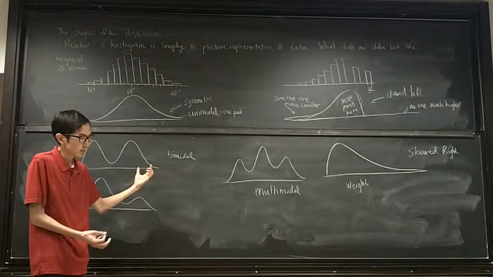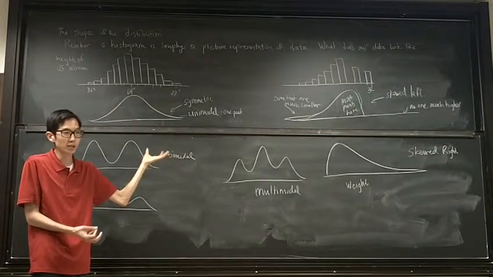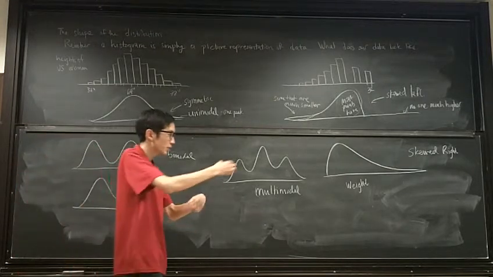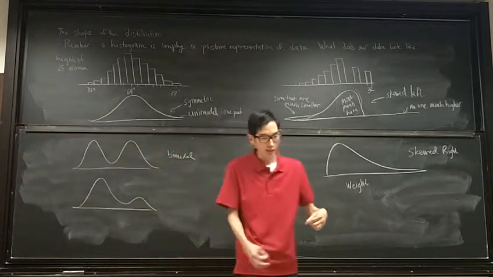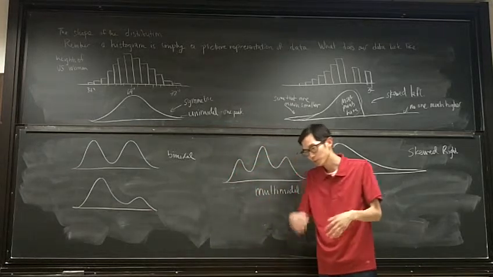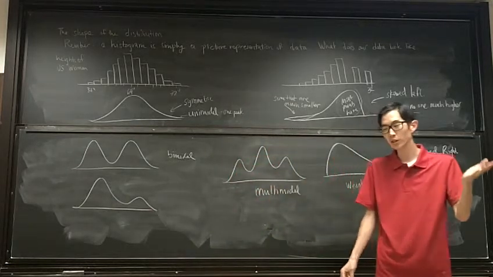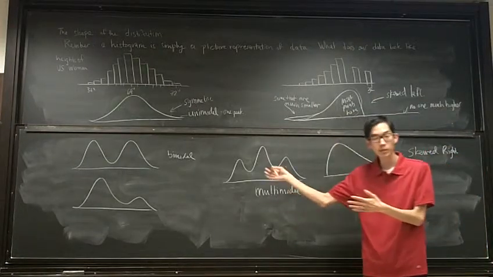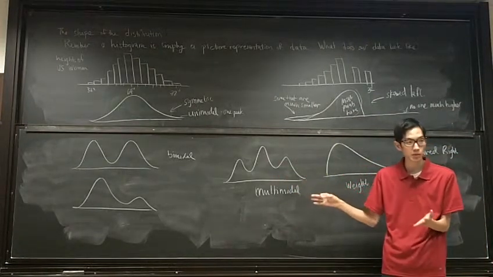Something that might be bimodal is testosterone concentration in humans. If we drew blood, or had you spit in a cup, and measured how much testosterone your body produces, we would probably see very much a bimodal distribution.